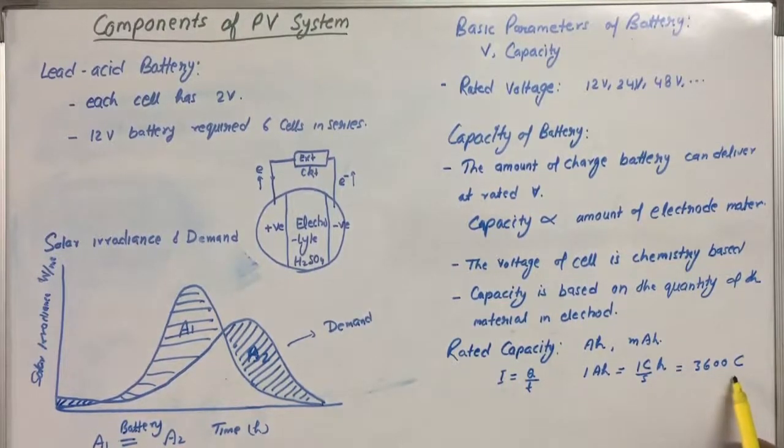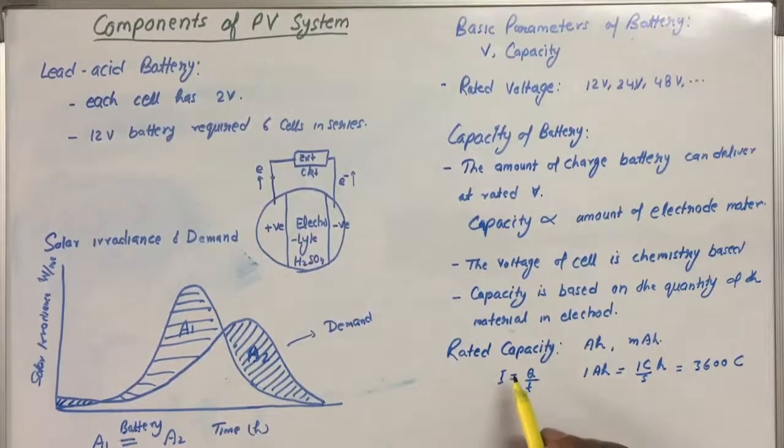This is the unit of charge and this is the rated capacity. So the capacity can be either in ampere hour or in coulombs. However, more convenient is ampere hour to measure the battery capacity. We will discuss why it is.